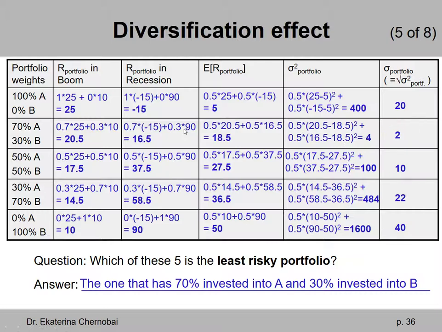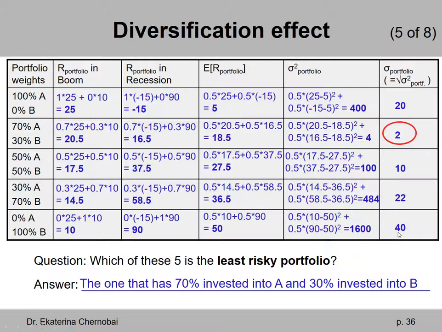It means that there is stock A, you can buy just stock A, which is pretty risky. Your fluctuations will be 20% either above or below the average return you'll be earning every year. If you just buy B, it's even riskier, double the risk. Your fluctuations will be 40% above or below the average return every year.